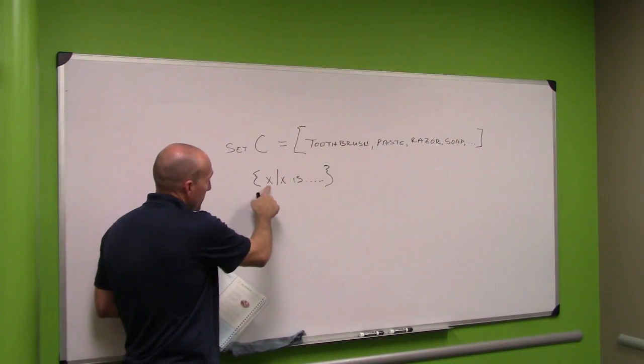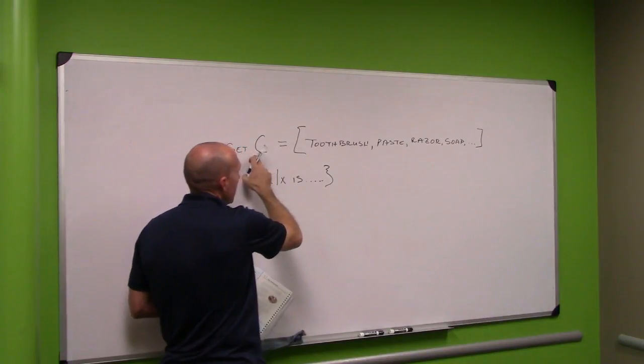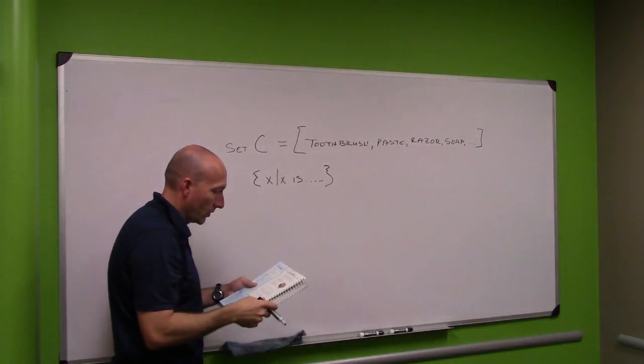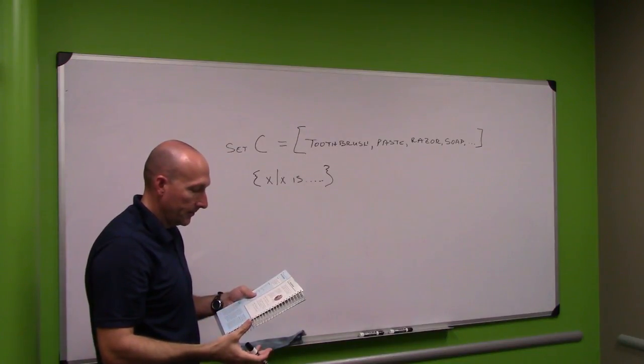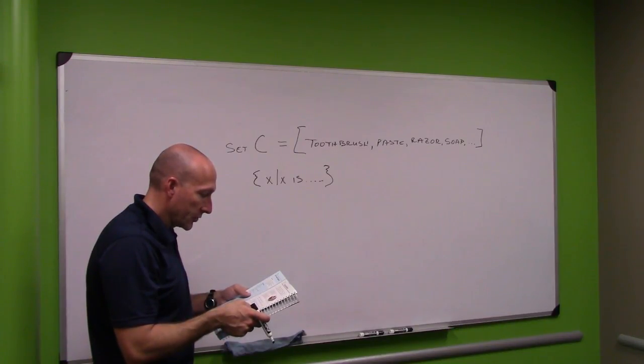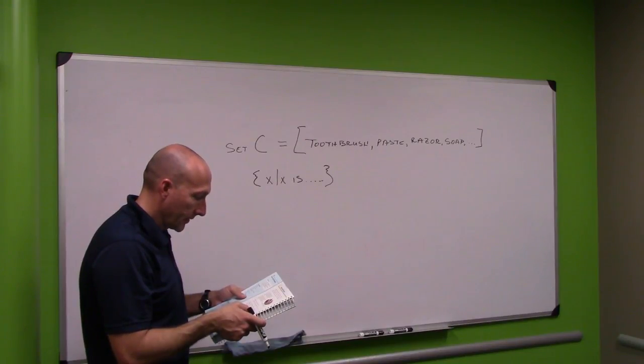This first X is some element of this set. It can be any one of those. This vertical bar indicates the words such that, and the vertical line is followed by a description of a representative of elements of the sets.